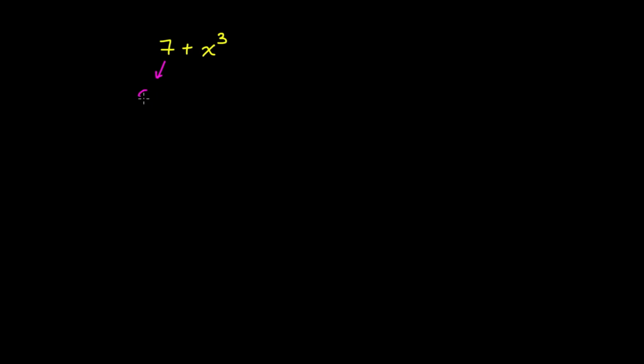So right here, you have 7, and you have your operation here, which is an addition, and I'm just going to say it's a plus. And then right over here, you have our variable, which is a number. And lastly, you have the power of 3.